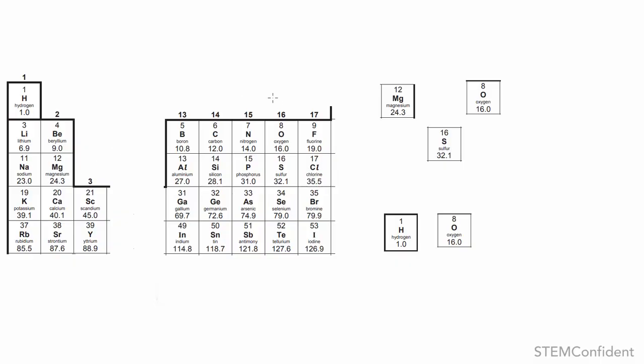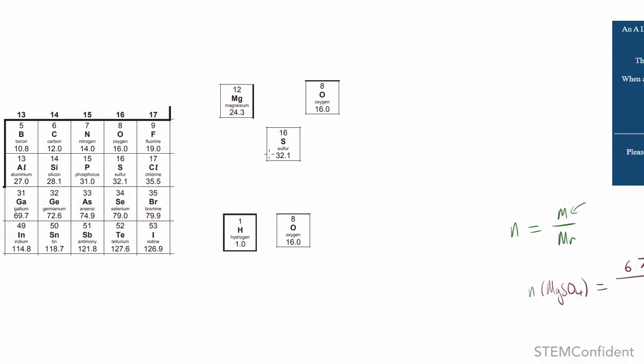For convenience, I've also got them here, but that's effectively going to be 24.3 plus 32.1, right? So MgS, and then O4, so that's going to be 16 times 4. If you do have a go at working that out, you should find that you get 120.4, and that's going to be in grams per mole.